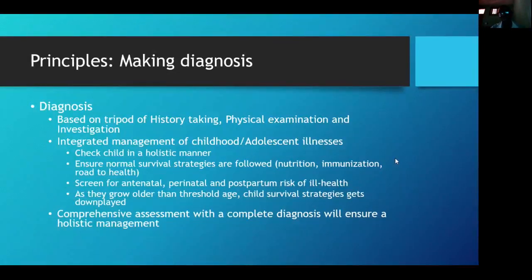For instance, in a 12-year-old with, say, acute appendicitis, much emphasis will not be on the antenatal, perinatal, and postpartum history. But for a neonate and infant, and indeed even a lot of us, things that we need to look at will date back into their perinatal events.